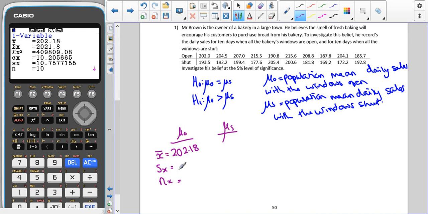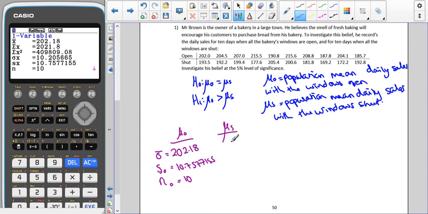For the sample standard deviation, we've got 10.7577155. Notice how I have kept lots of significant figures here, because I'm going to be doing future calculations with it, so I want to keep as much accuracy as possible. And my n is 10.